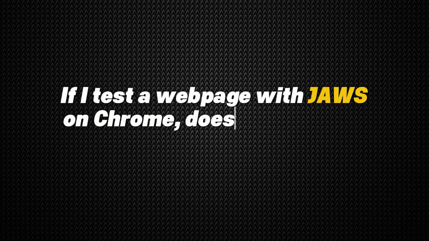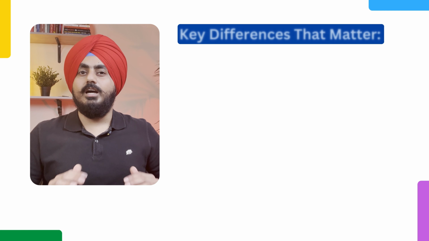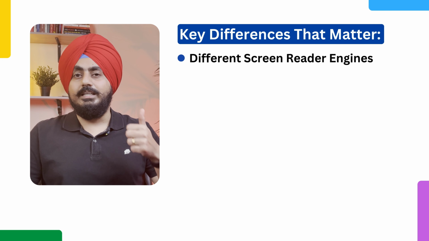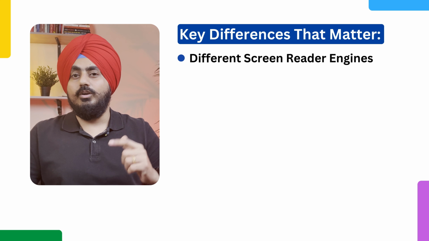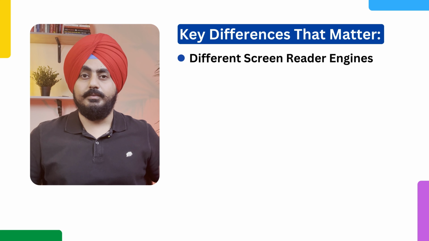The most common question I get is, if I test a web page with JAWS on Chrome, does that mean it will work for VoiceOver on Safari? The short answer is not necessarily. Here are the key differences that matter the most. First, different screen reader engines. JAWS and VoiceOver interpret web content differently.